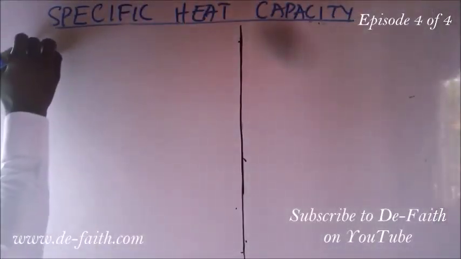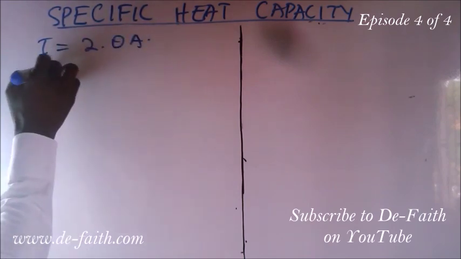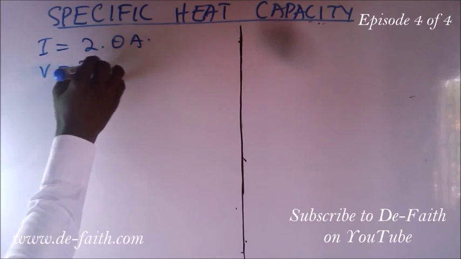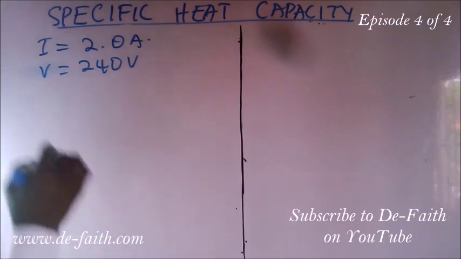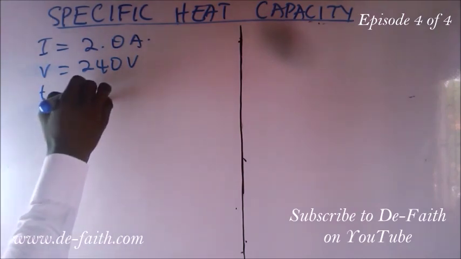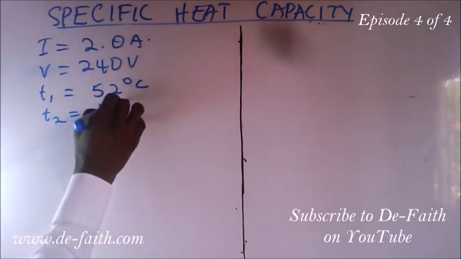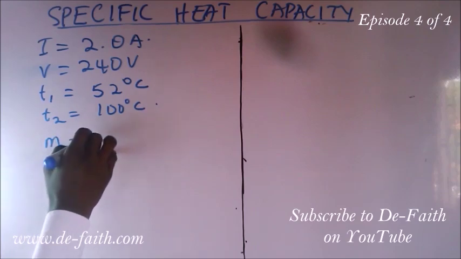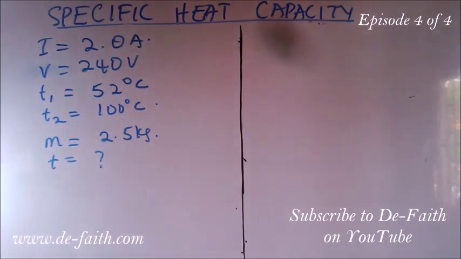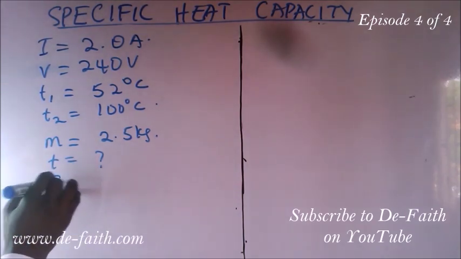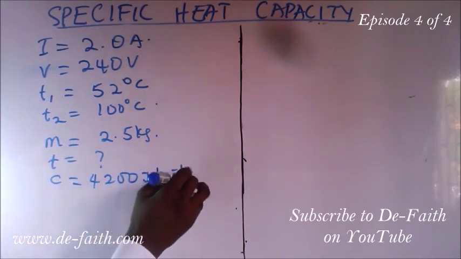Here we have a heater which has a current of 2.0 ampere, has a voltage of 240 volts, and it was used to supply heat to boil water, which has an initial temperature of 52 degrees Celsius and a final temperature of 100 degrees Celsius. We're told that the mass of water which is boiled was 2.5 kilogram. We are looking for the time taken to carry out this operation, knowing that the specific heat capacity of water is 4,200 joules per kilogram per Kelvin.